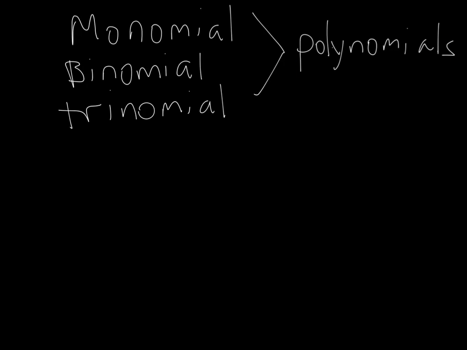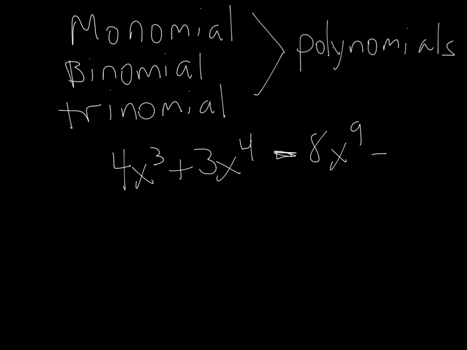Now, you might ask what happens after trinomials. Well, after trinomials, there may be some people that give names to them, but generally, once you go beyond the trinomial, if you go something like 4x cubed plus 3x to the 4th minus 8x to the 9th minus 3x squared, something like this, this has a total of 4 terms.